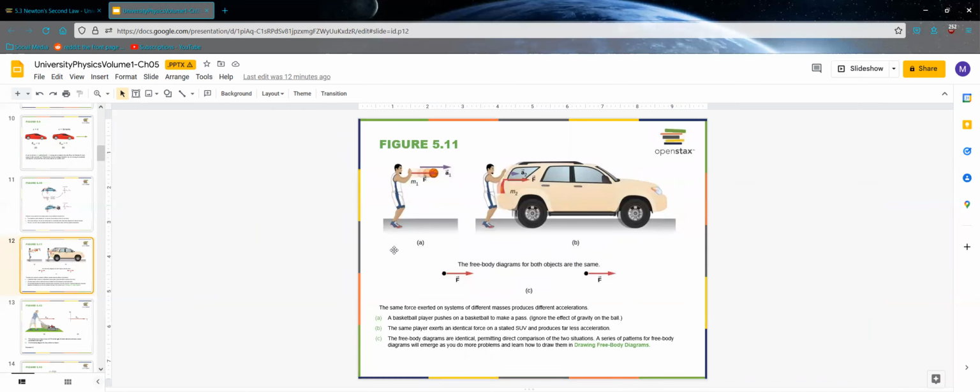So the smaller the mass, the faster the acceleration, or the larger the mass, the slower the acceleration. If you pass a basketball to someone, the mass of the basketball is very small compared to the force, so the acceleration is very large to compensate. However, if you apply that same force to, say, a truck, trying to push a truck, the mass of the truck is very large relative to the force, so the acceleration of the truck will be very, very small, right?